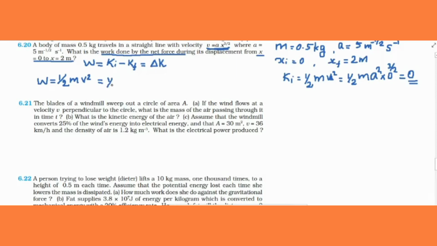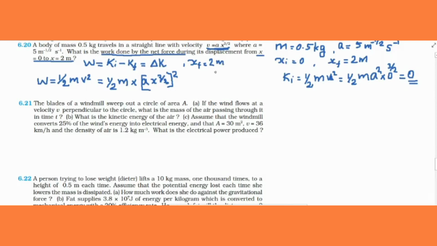Now substitute the values, half into value of m is 0.5 into velocity is a x raised to 3 by 2, the whole square. Value of x you have to substitute as xf is equal to 2 meter.